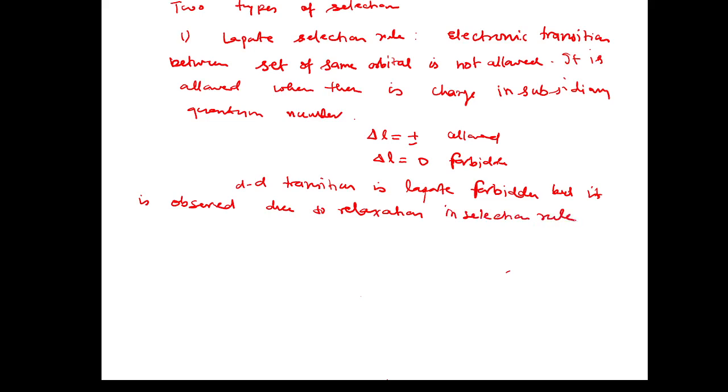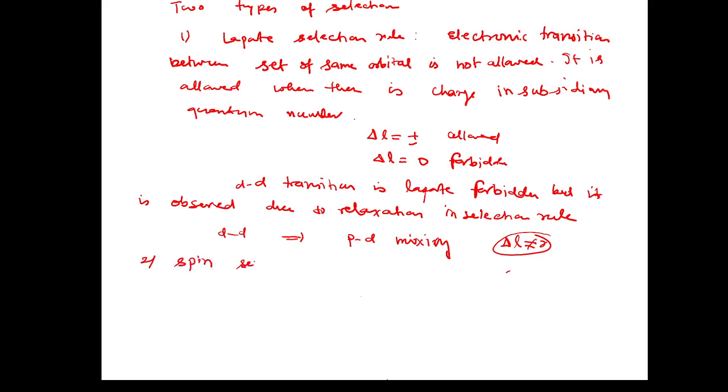So what is happening? In the d-d transition, what happens? There is a p-d mixing. Because of that, delta L is not equal to 0. That is it.